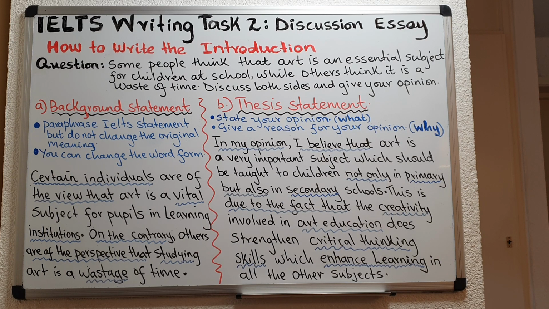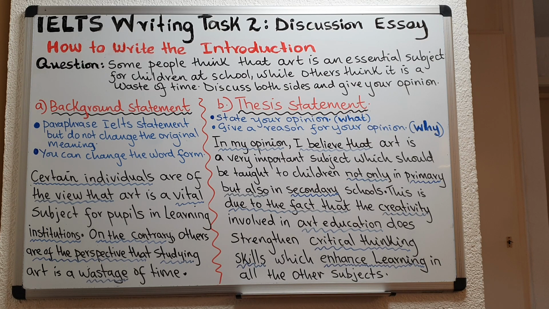Let's understand the question. Some people think that art is an essential subject for children at school. So, you have people who think that art is a very important subject for children to study at school. That is one opinion.